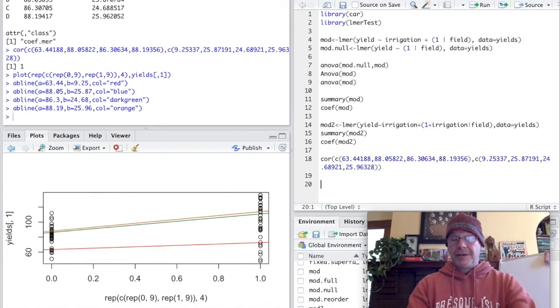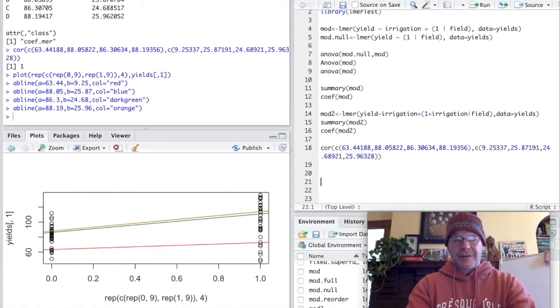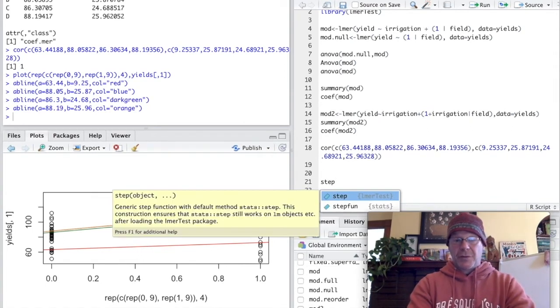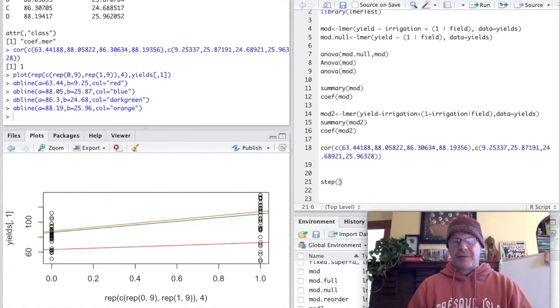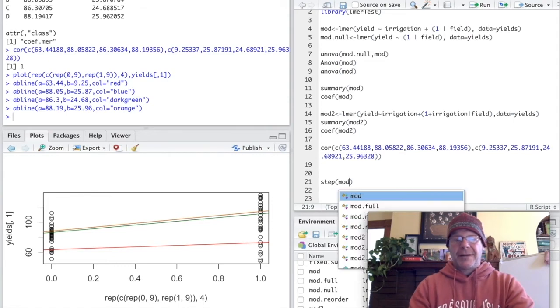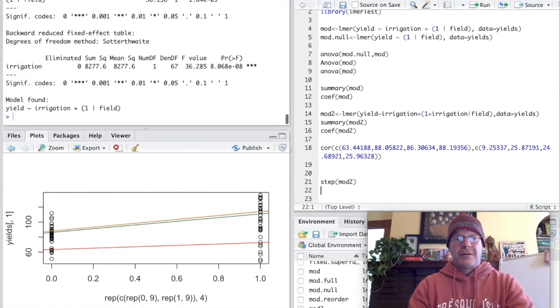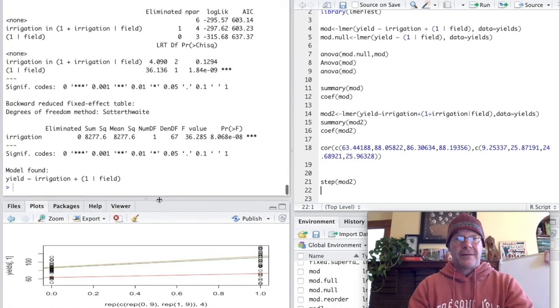We could similarly use a built-in function that is part of the lmerTest package, which overwrote the older one, which is the step function. We can use the step function just like we've used step functions before to assist us in model selection. So I'll say step mod 2 and run that.